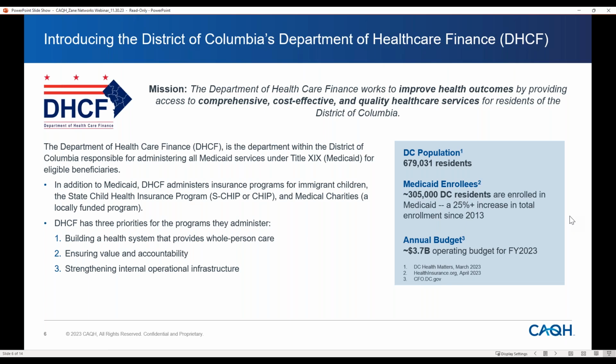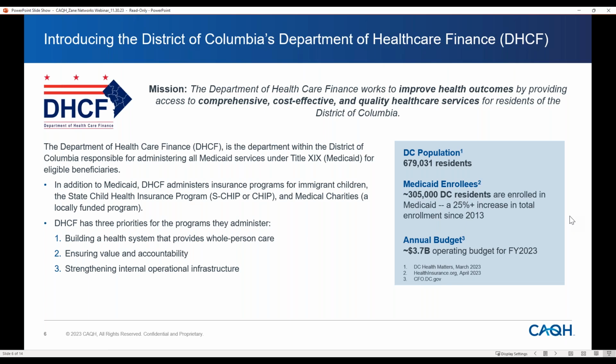Sure, thanks, Tyler. So just a little bit of background on the Department of Healthcare Finance. This may not be a unique structure, and some of your organizations may function this way as well, but the Department of Healthcare Finance is the entity within the DC government that is responsible for Medicaid services. They also administer programs for immigrant children and the SCHIP and CHIP services as well.